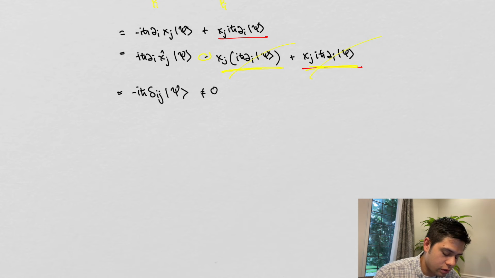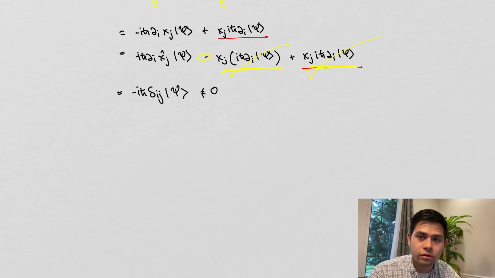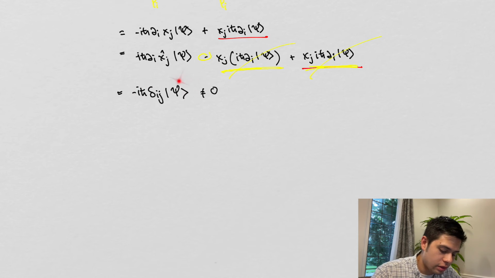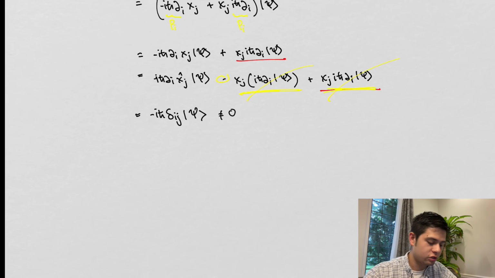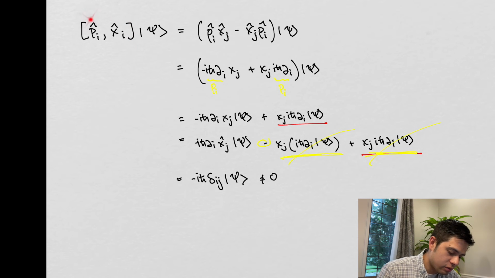The Kronecker delta is 0 when i and j are not the same, but when they are the same, then we don't get 0. And this shows that the commutation relationship between momentum and position is not equal to 0.